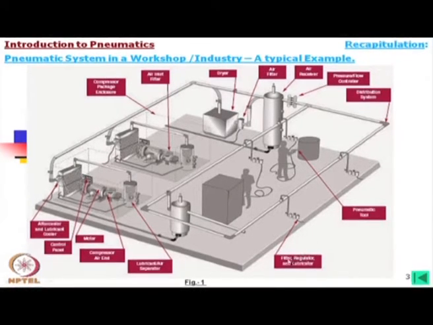The 3 elements you will find: one is lubricator, one is filter and another is a regulator. Each and every point usually has such an element, and these are 2 workstations where this power is being used, and as you see, we can connect more.